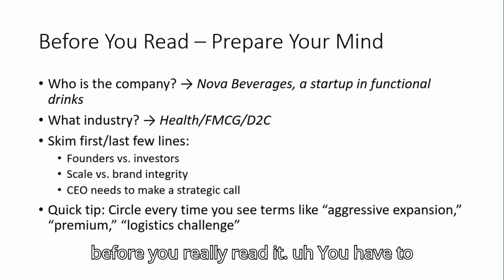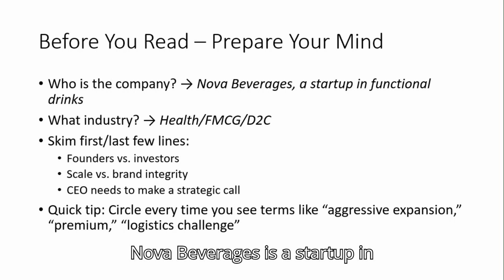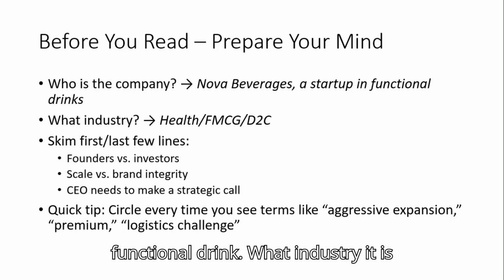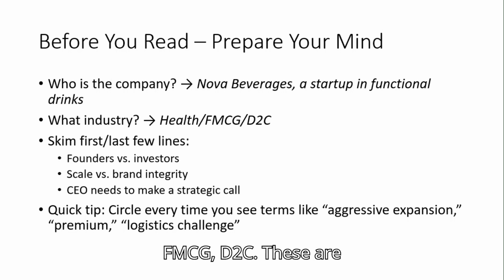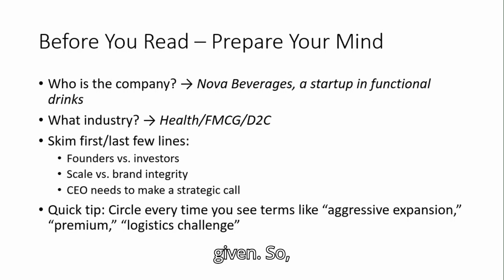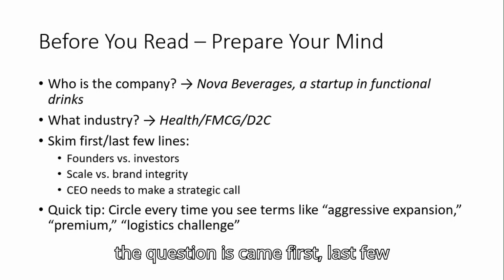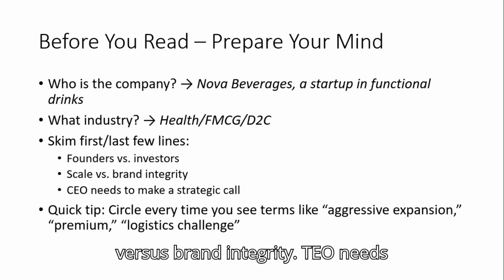So before you really read it, you have to find out who the company is. Here, Nova Beverages is a startup in functional drinks. What industry is it in? Healthcare, FMCG, D2C. These are the characteristics of the industry given. So skim first the last few lines: founders versus investors, scale versus brand integrity.